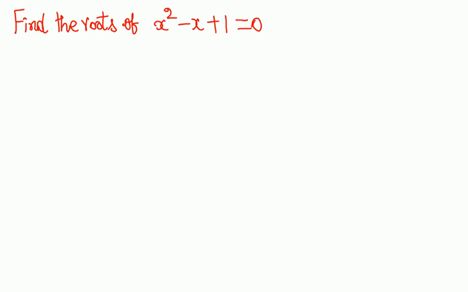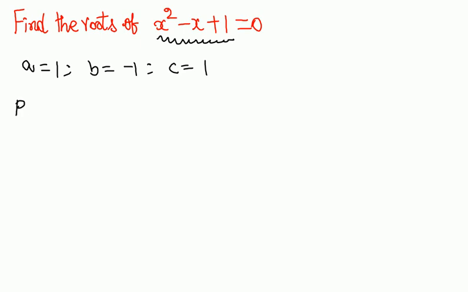Now find the roots of x square minus x plus 1 is equal to 0, by using this formula method. So the given quadratic equation is x square minus x plus 1 is equal to 0. Now let us write a is equal to the coefficient of x square, 1, and b is equal to the coefficient of x, that is minus 1, and c is equal to the constant number 1.